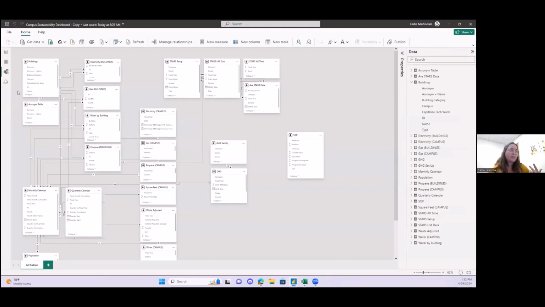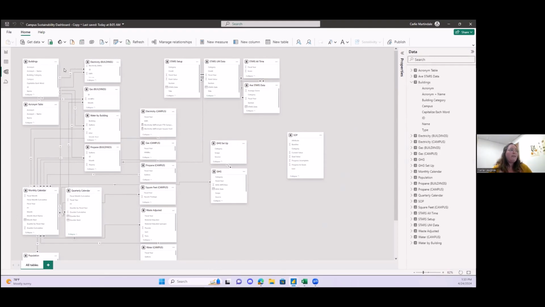So what's the building use? And then the monthly calendar, where I have it sorted by calendar month, calendar year, but also fiscal month and fiscal year. And both of these connect to everything else.